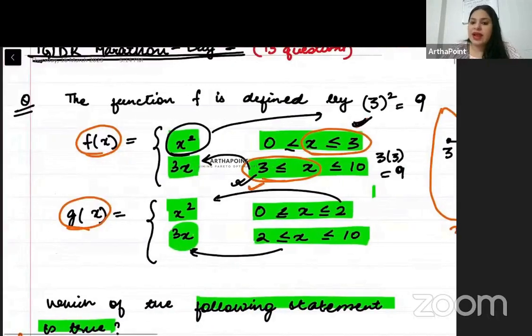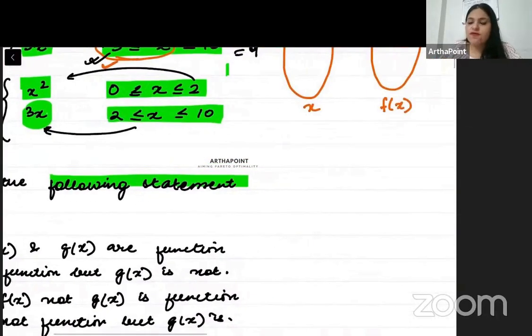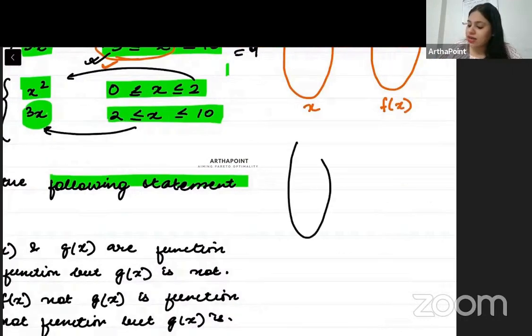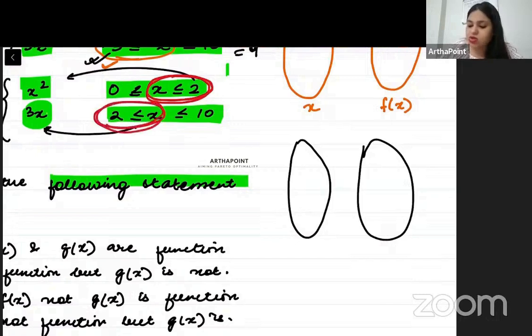But now go ahead and look at the second one and let's see whether this satisfies the definition of a function or not. So again, I see that there is only one x which gets repeated. What is that x? 2. You see that x is equal to 2 comes here also, and x is equal to 2 comes here also.